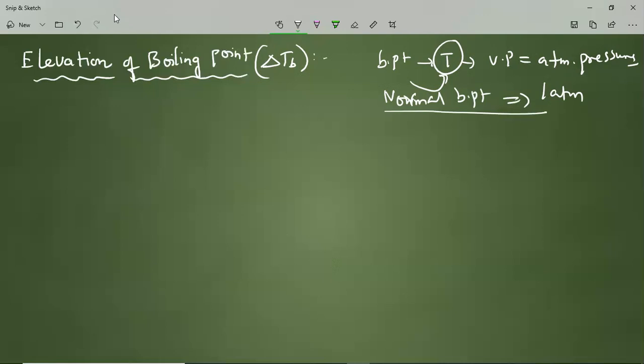The vapor pressure of a liquid generally decreases when a non-volatile solute is dissolved in it. The reason we all know is the decrease in vapor pressure.